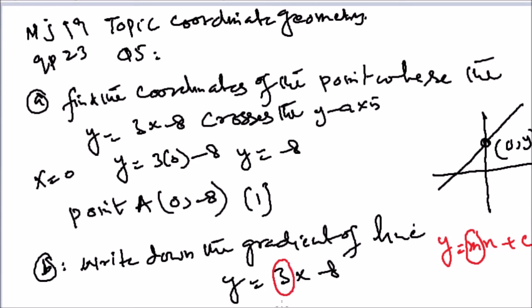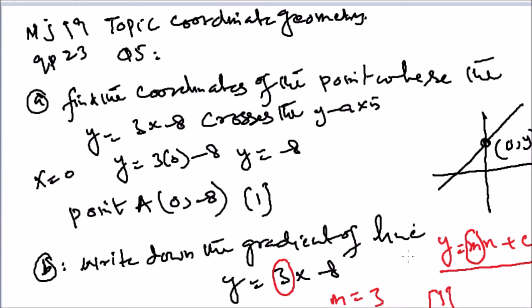Always see the equation, if it is in this form, then you use this method. So y is equal to 3x minus 8, and y is equal to mx plus c. Both are in the same form, so we take m is equal to 3. This question has 1 mark as well.